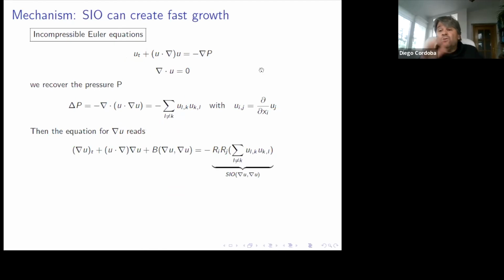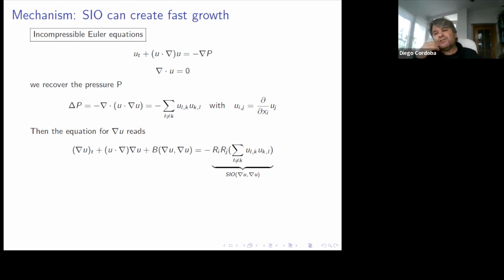Well, one has to write the Euler equations not in the vorticity form, but in terms of the velocity. So the velocity is transported, and the material derivative of the velocity is equal to minus the gradient of the pressure. Now we want to write the pressure in terms of the velocity.